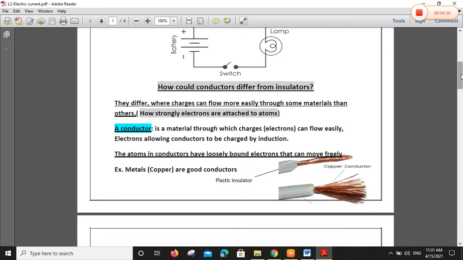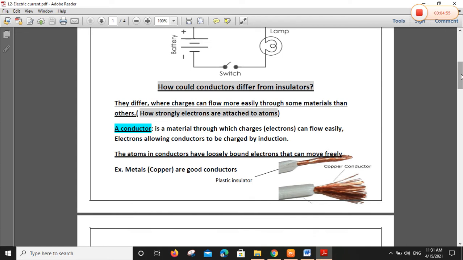Electrons that flow through a conductor allow conductors to be charged by induction. The atoms in conductors have loosely bound electrons that can move freely.